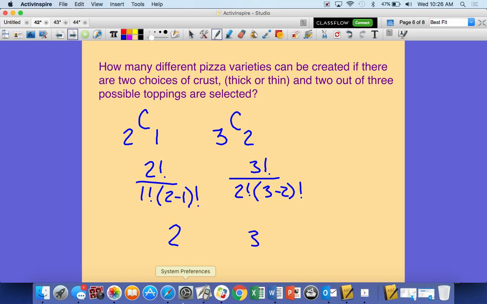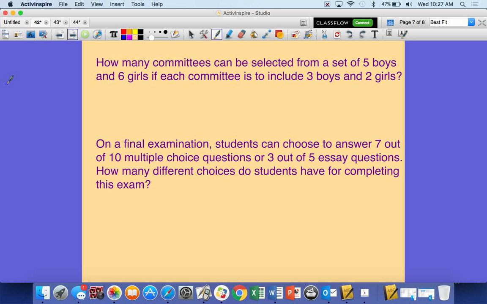Alright, so when it says and, that always means multiply. Or means add, and means multiply. So we've got 6 total different pizzas that can be made here based on going through the problem and working with the parameters that they give us.